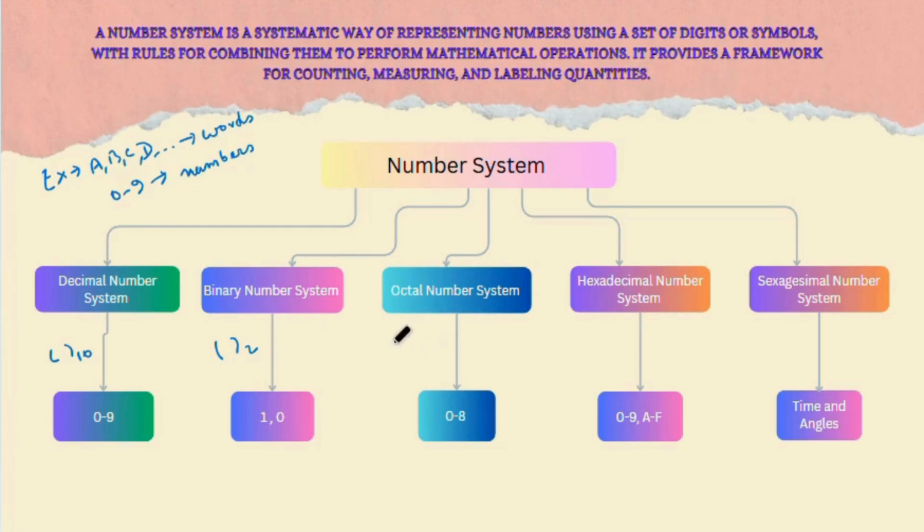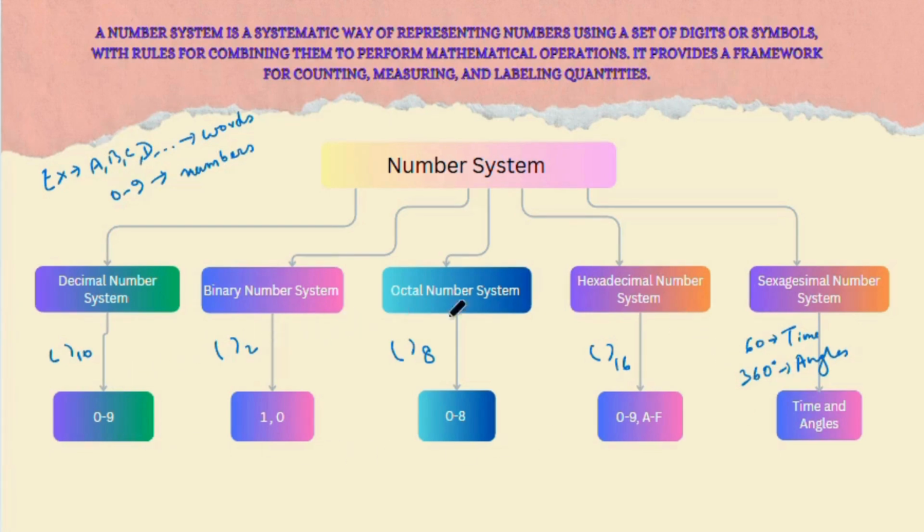The octal number system uses base 8. The hexadecimal number system has base 16, and the sexagesimal number system has base 60, like 360 degrees. This is used for time and angles.